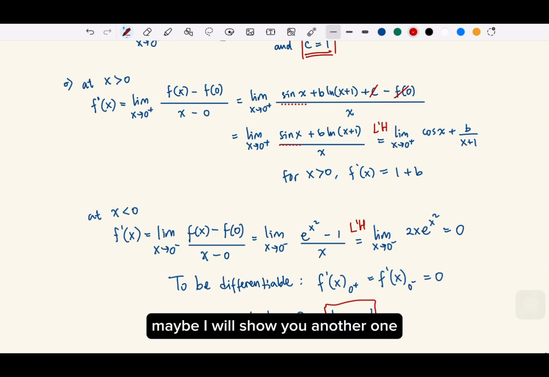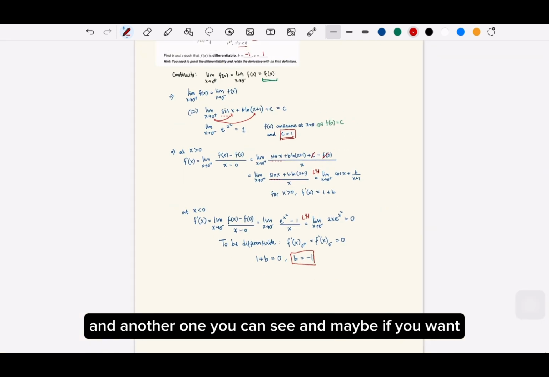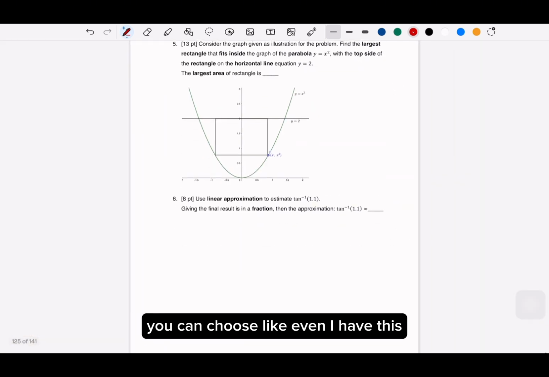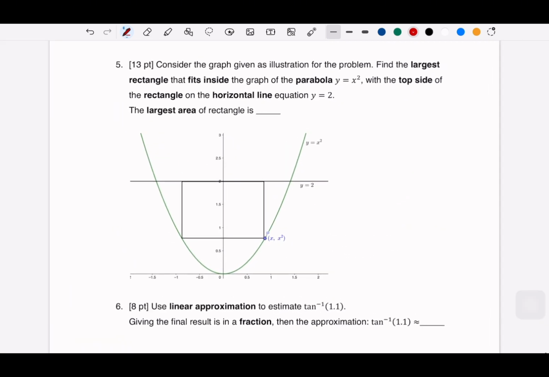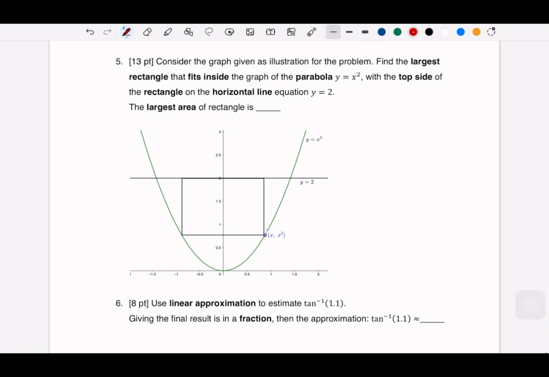Maybe I will show you another one. You can see, and maybe if you want, you can choose. Like even I have this. Number 5 is optimization. So I think we can skip, right? Or no? Yeah, this is the largest area. We have linear approximation.